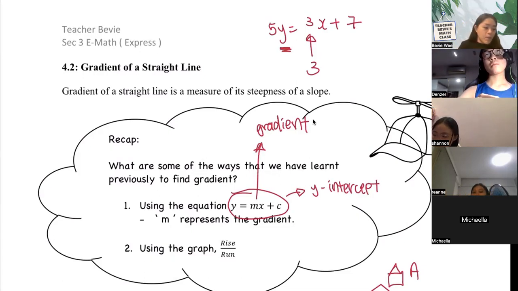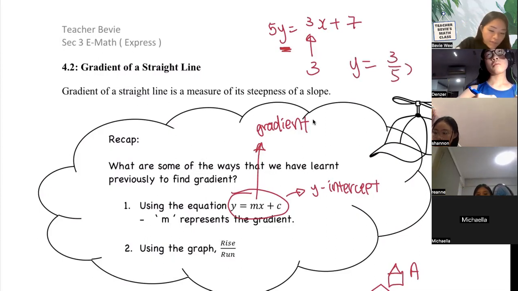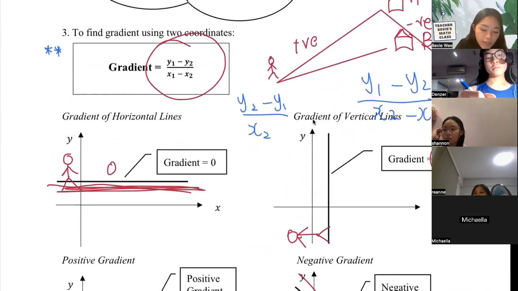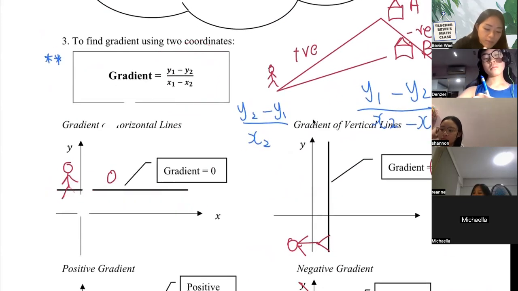So I must make it y equals to 3 over 5 x plus 7 over 5. Like this. Okay, can? Do you guys remember?